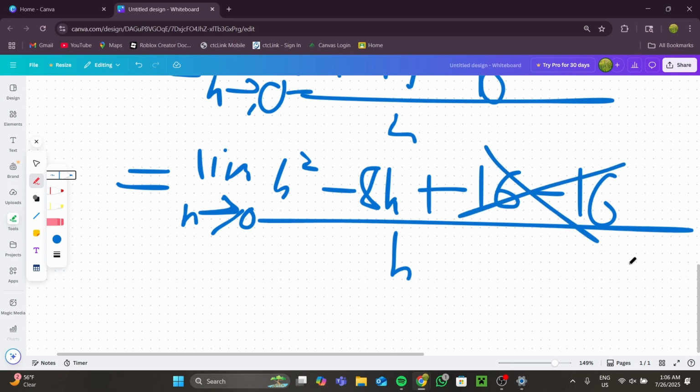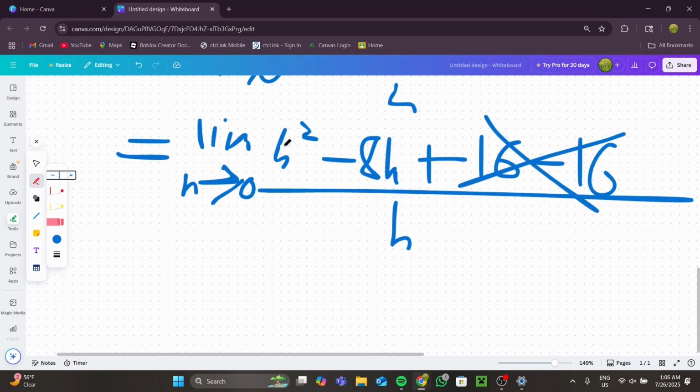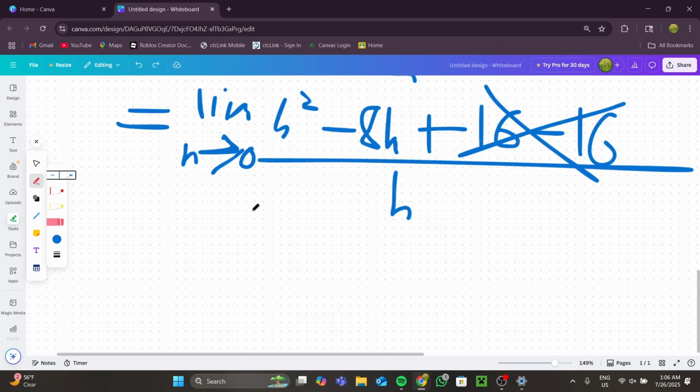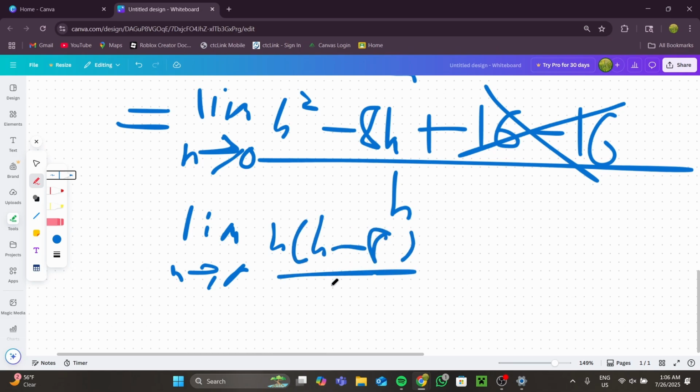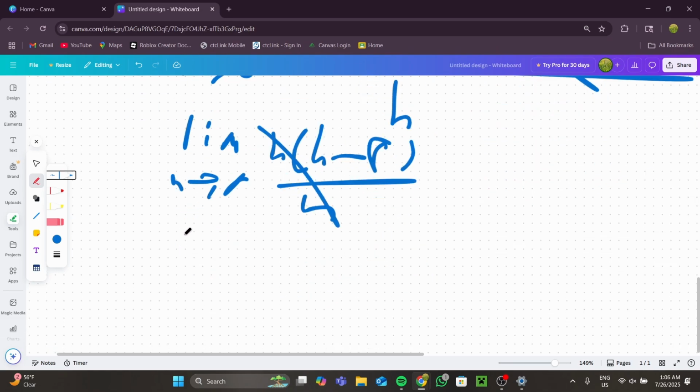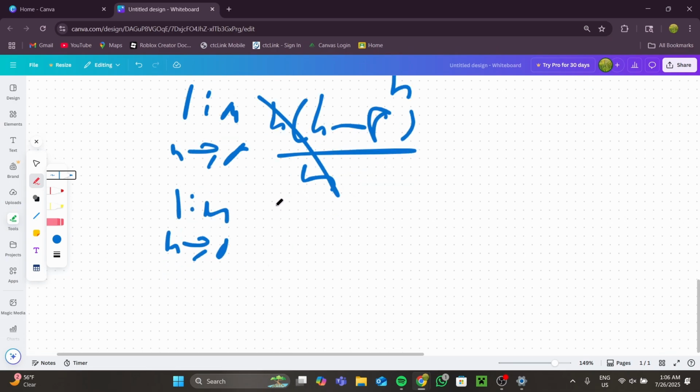Now we take those out. Forget about that. Look at this: h squared minus 8h. Take out an h. Limit as h goes to 0 of h times (h minus 8) over h. Take that out, and then the limit as h goes to 0 of h minus 8. You can take the limit now, you can substitute it right now.